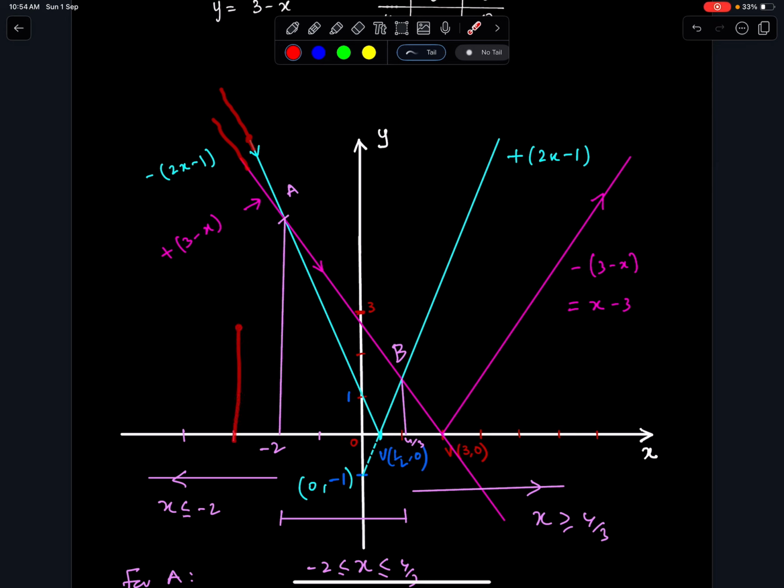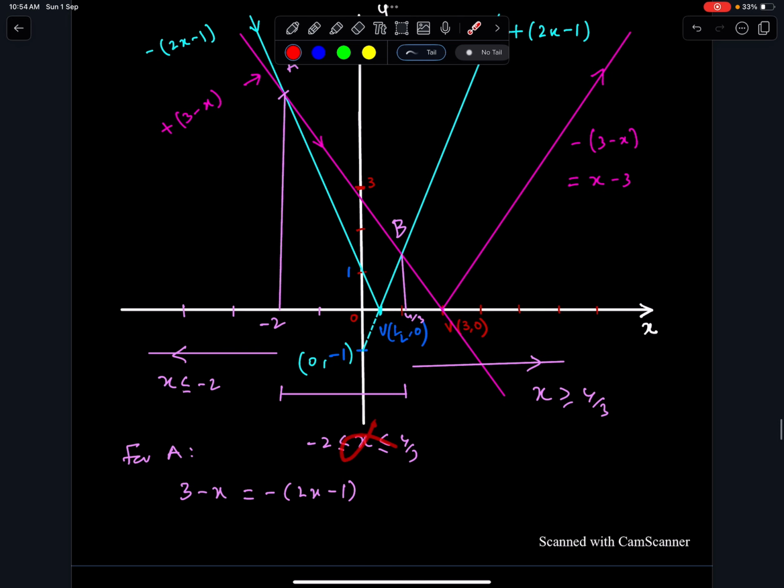The y coordinate of this 3 minus x is less than the y coordinate of this modulus 2x minus 1 graph. And if we check this solution, just observe the y coordinates for the same x coordinates of both graphs. Now see, it's very clear that the y coordinate of this graph is greater than the y coordinate of this graph. So these two are the required solutions.